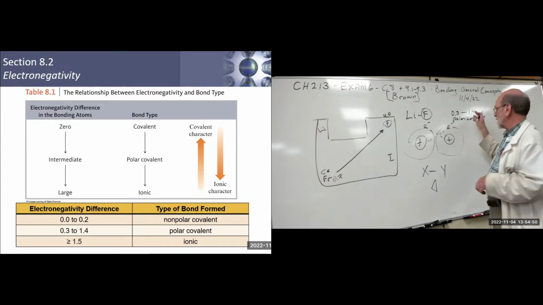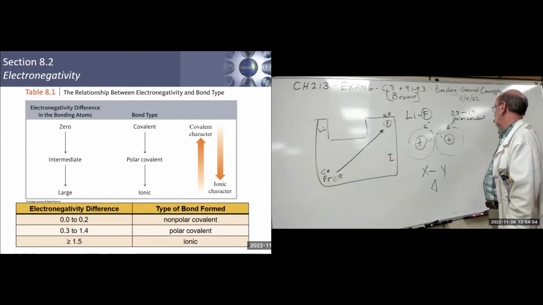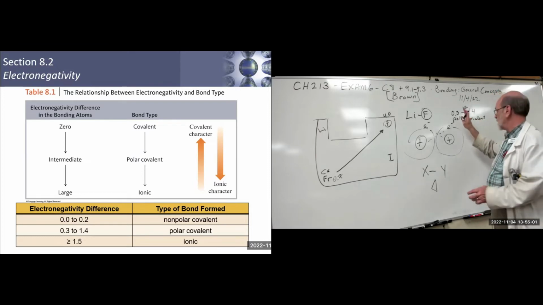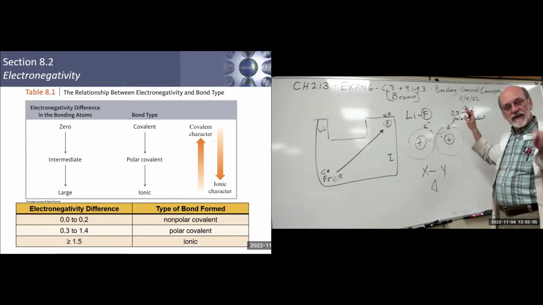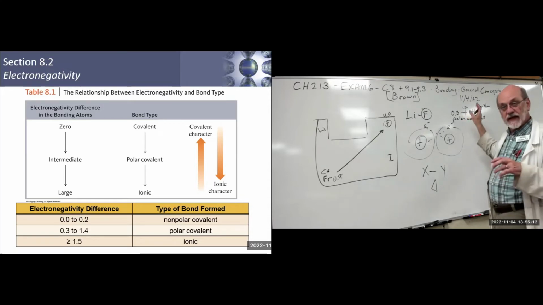But, and I believe the breaking point is 1.2, if it's above 1.2, and they're metal, non-metal, then that's going to be ionic.